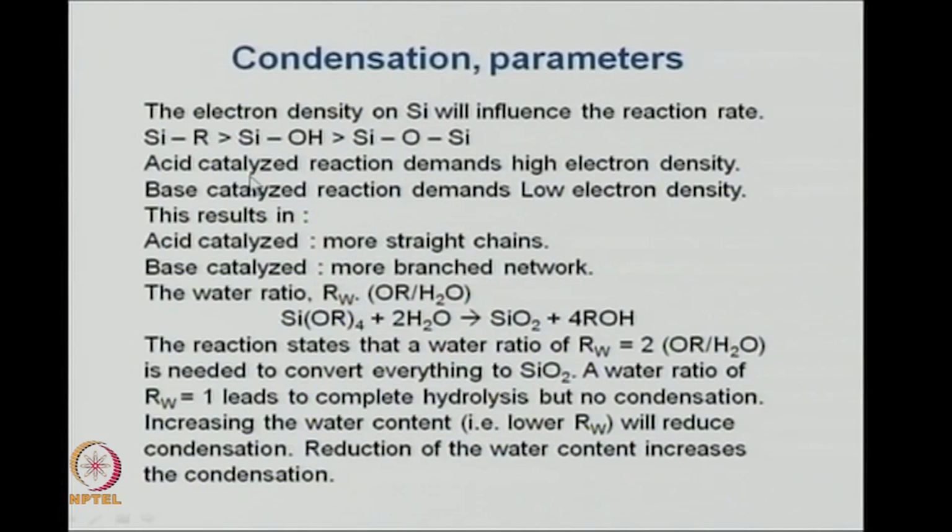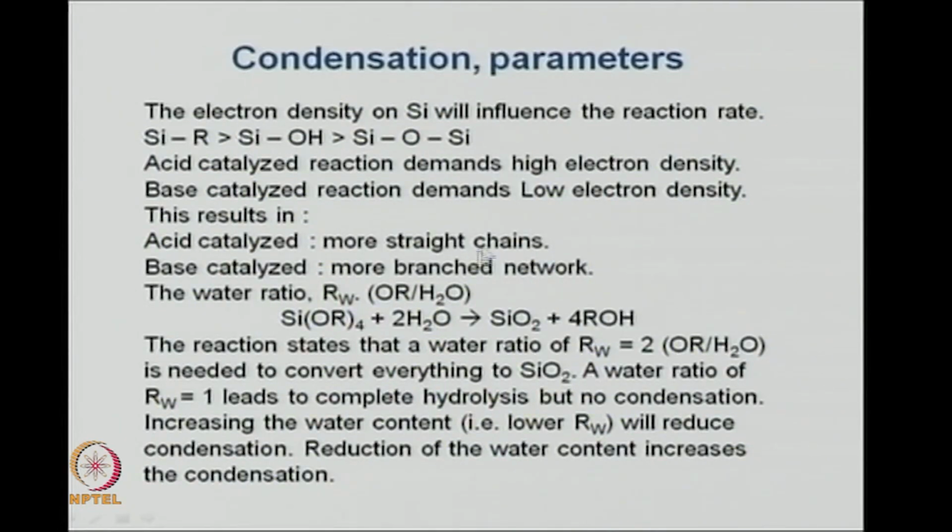Base catalyzed reactions demand low electron density, and so those reactions will lead to more branched networks. Acid catalyzed reactions will lead to more straight chains, whereas base catalyzed reactions will lead to more branched chains in these siloxanes which form at the end.